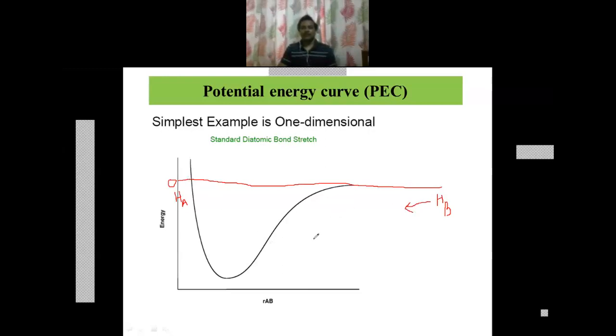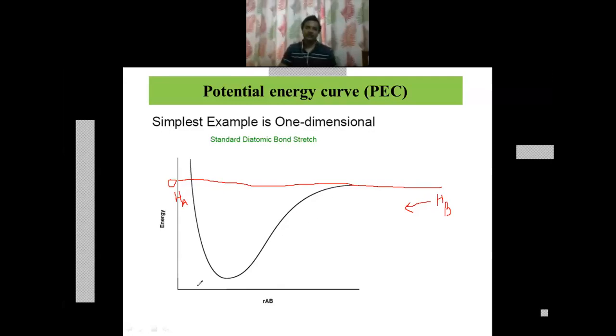This curve actually represents the electronic energy with the nuclear repulsion. That's what we had discussed before. When we say this is electronic energy, you have to remember that the electronic motion and the nuclear motion are separated, right?